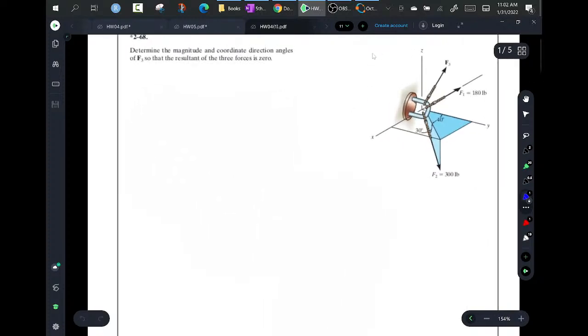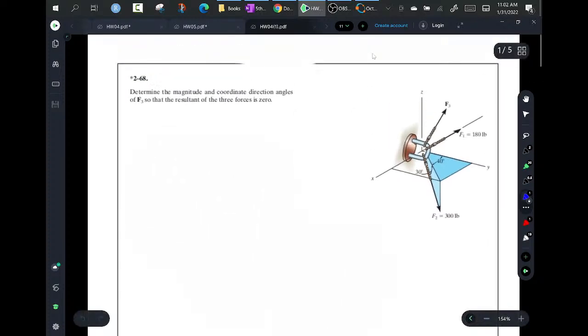All right. So here, let's start with this one. Okay, the magnitude and coordinate direction angles of F so that the resultant of the three forces is 0. Okay, so here we go. So the first thing you're going to do, you obviously have an F1 and you obviously have an F2.